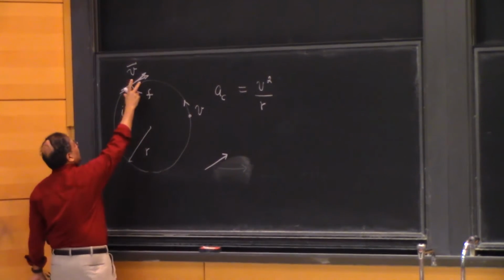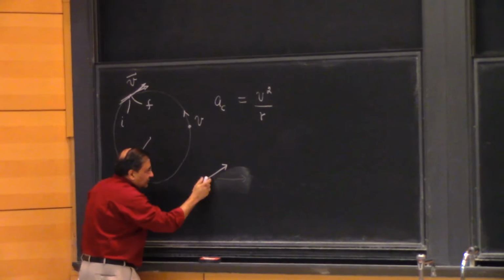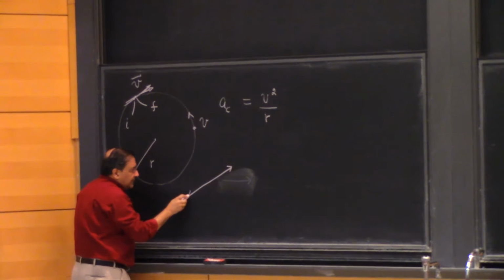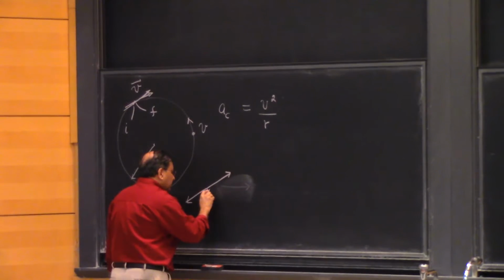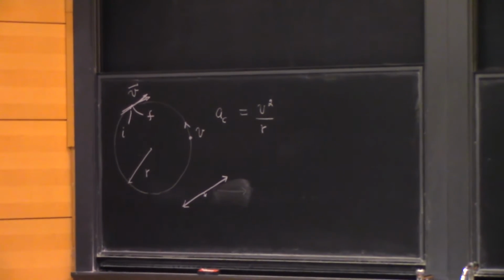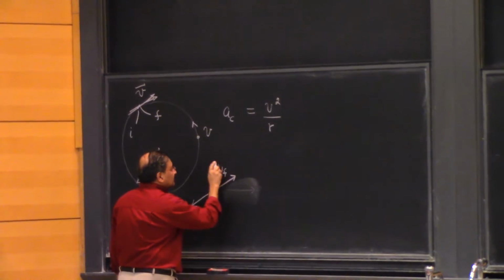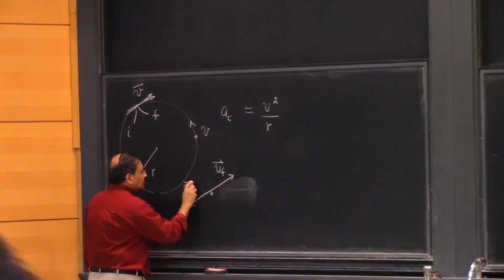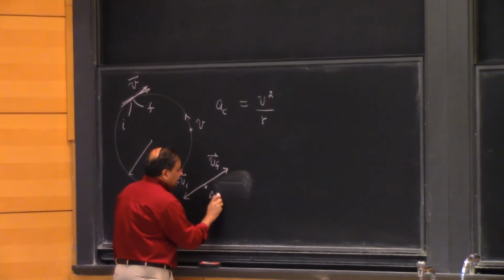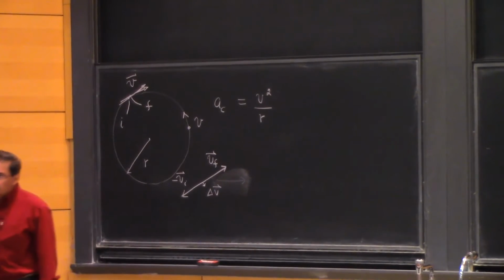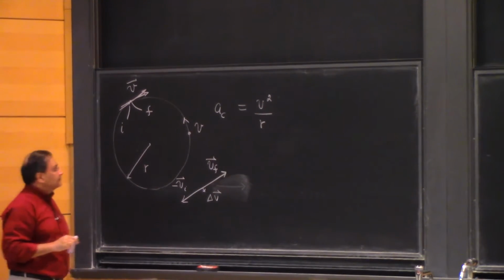And the initial velocity, as long as the two instants are really, really close, would pretty much be exactly opposite. Which means if there is a slight difference, that difference would be this way. So V final minus V initial gives you delta V, which is a slight difference in the velocity vector that has taken place between these two instants as you go from I to F.